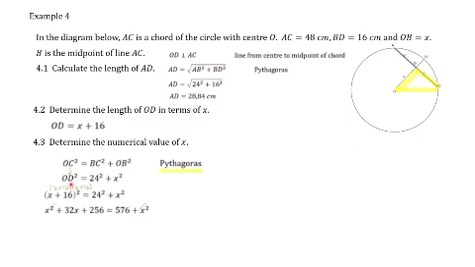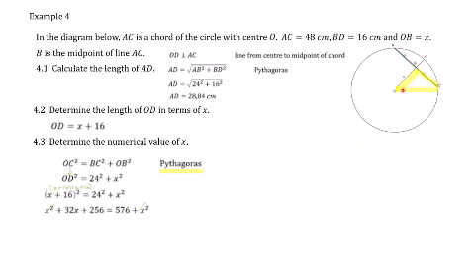So we're going to say OC squared is equal to BC squared plus OB squared, and then OC is the same as your OD. Why is OC equal to OD? Because remember, O is the center of the circle, and from O to the circumference is one radius.